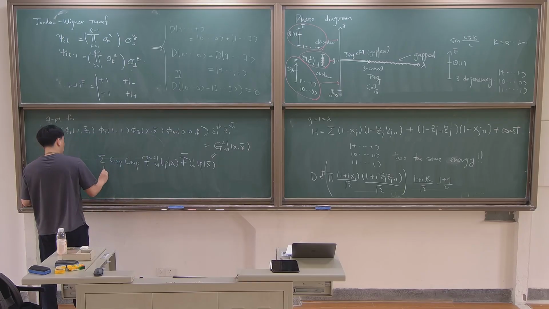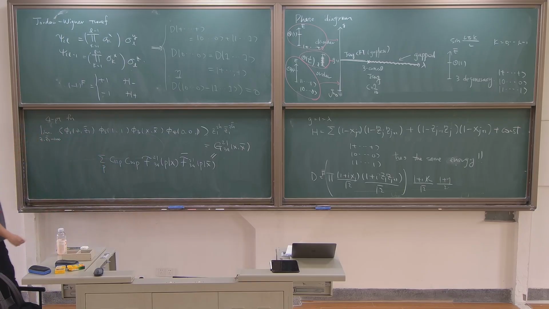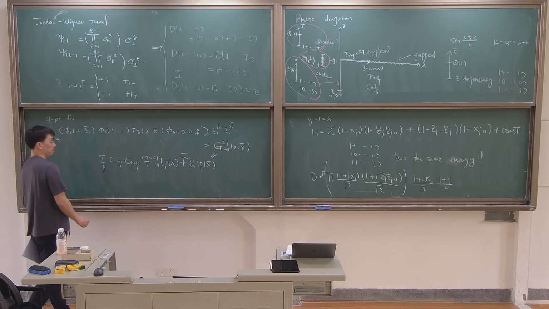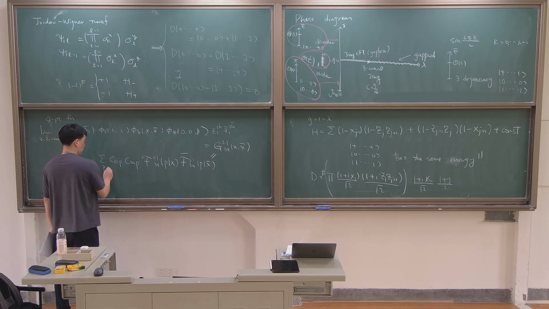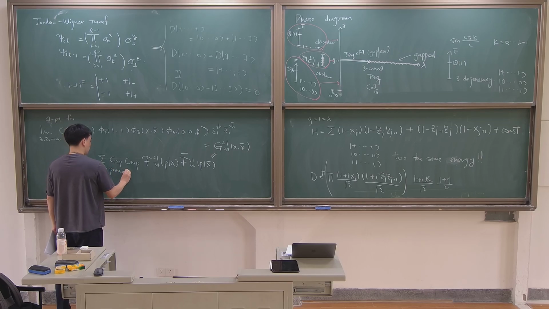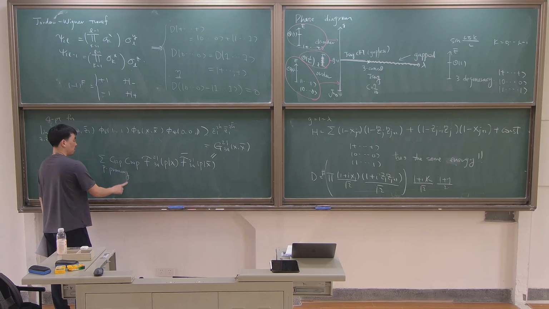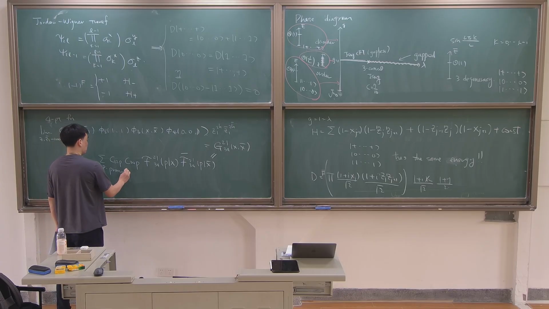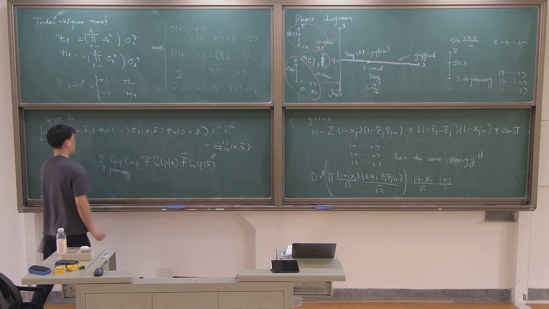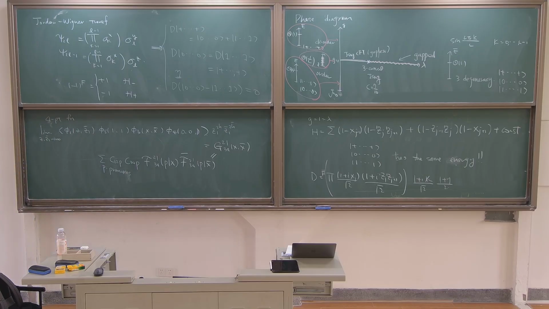And P is the primary field. That's how we can write it down.